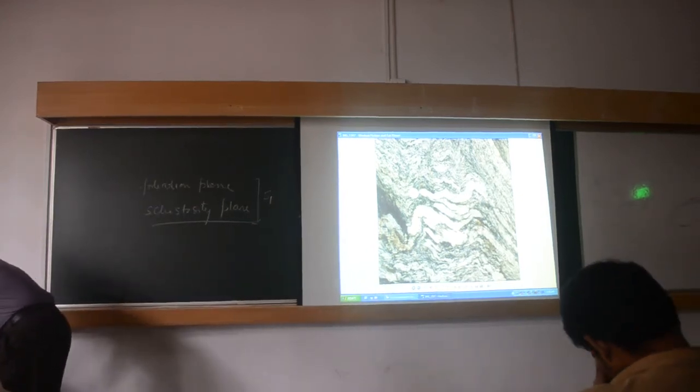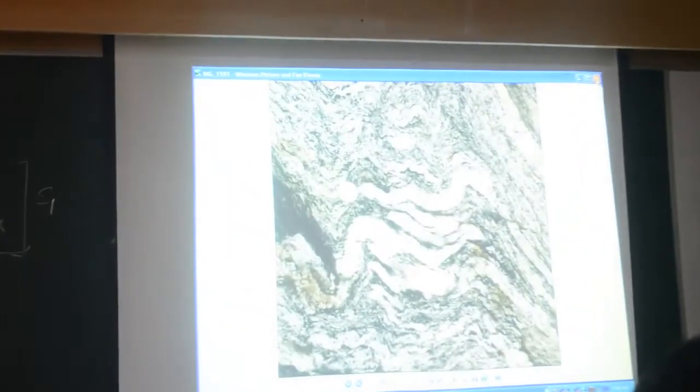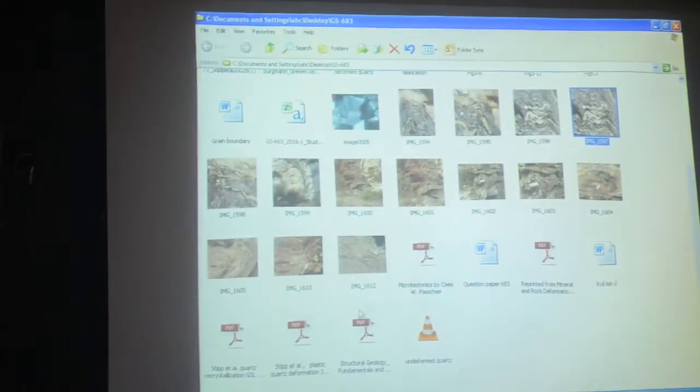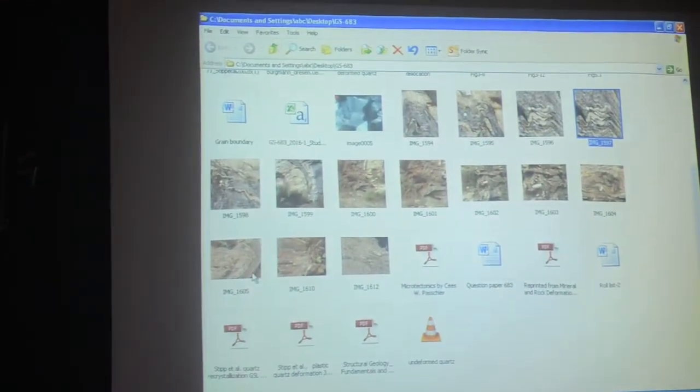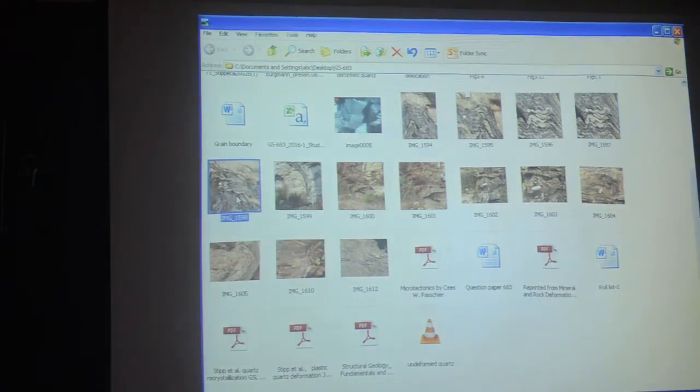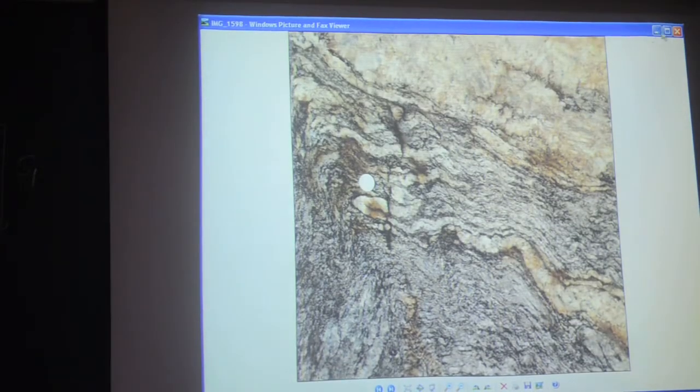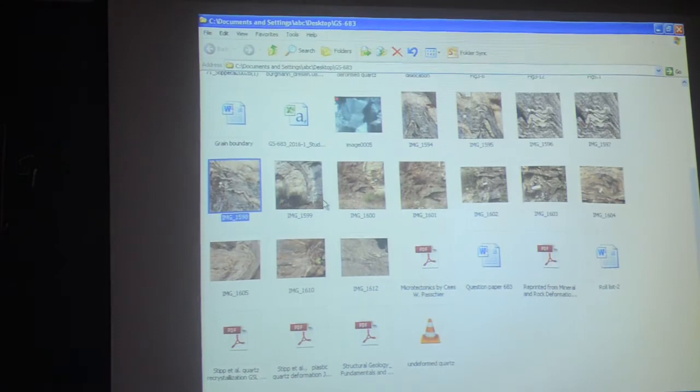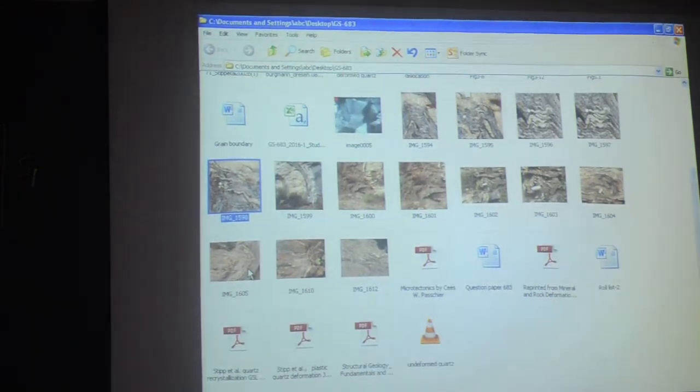Which one will I go to? I will show you. Let's go to this one. No, not this one. The same photograph I am showing and I will show you something.